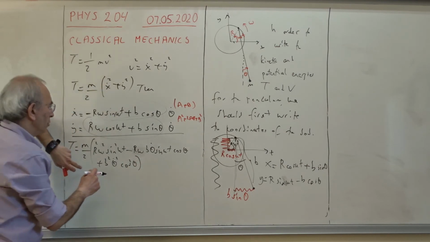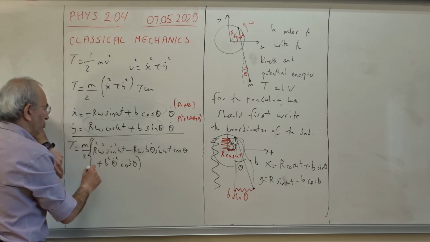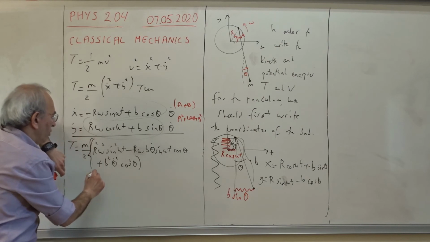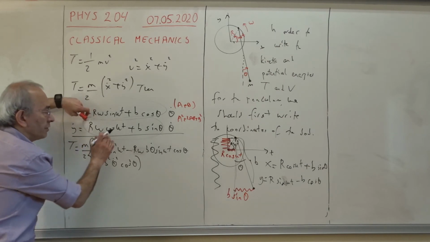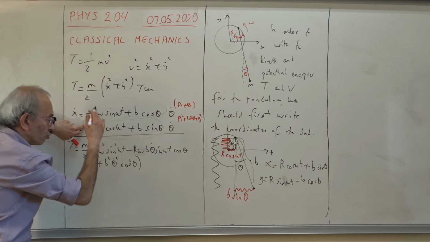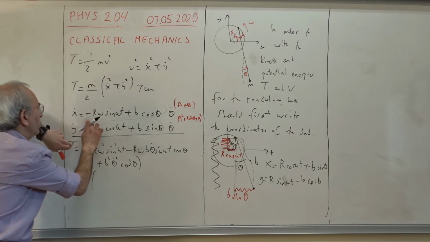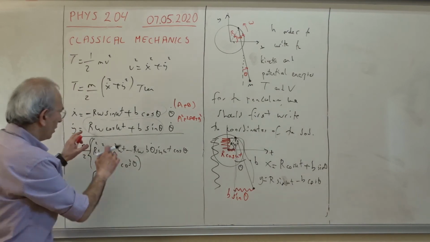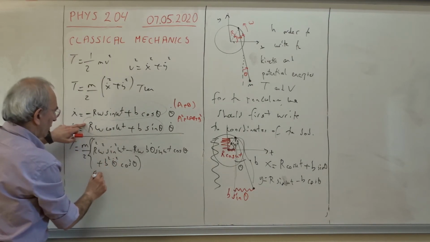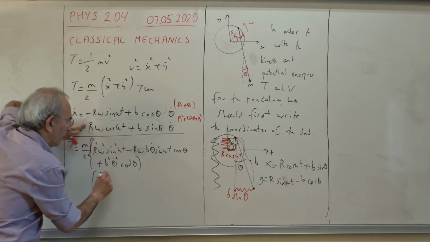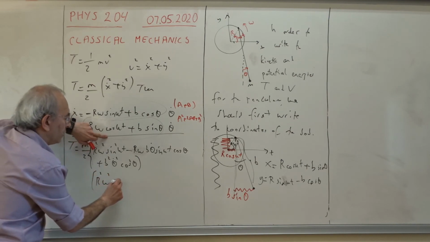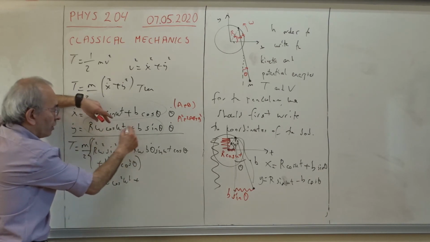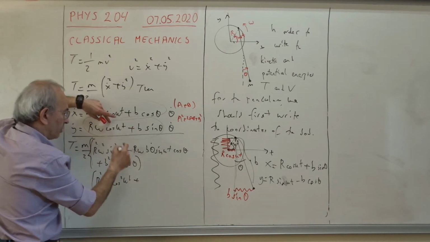But we continue after m over 2, we continue with the square of the second part. Again, this is in the form of a plus b squared, so there is no dot here. R dot is impossible because r is fixed. First term squared: r squared omega squared cosine squared omega t, plus twice the multiple product.